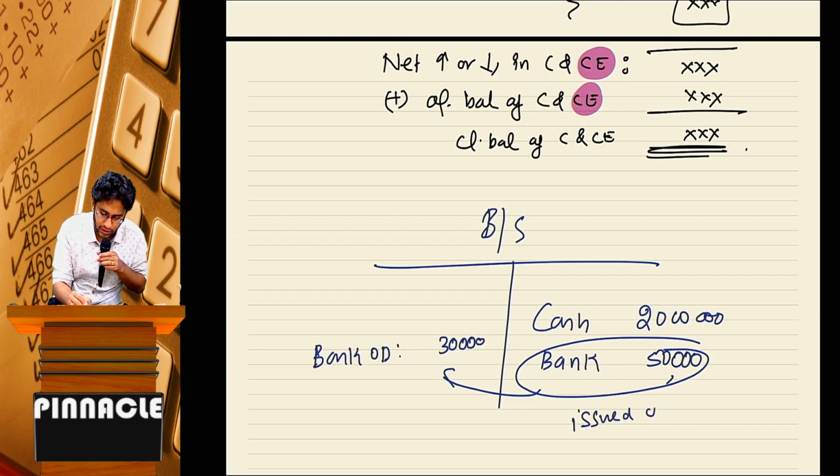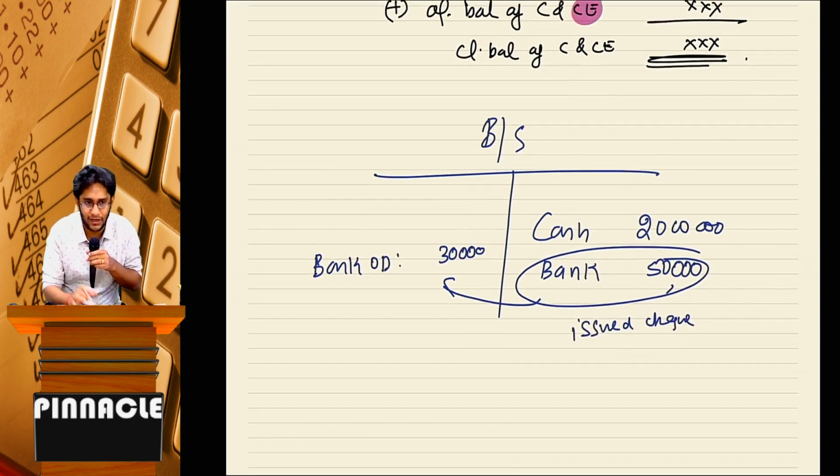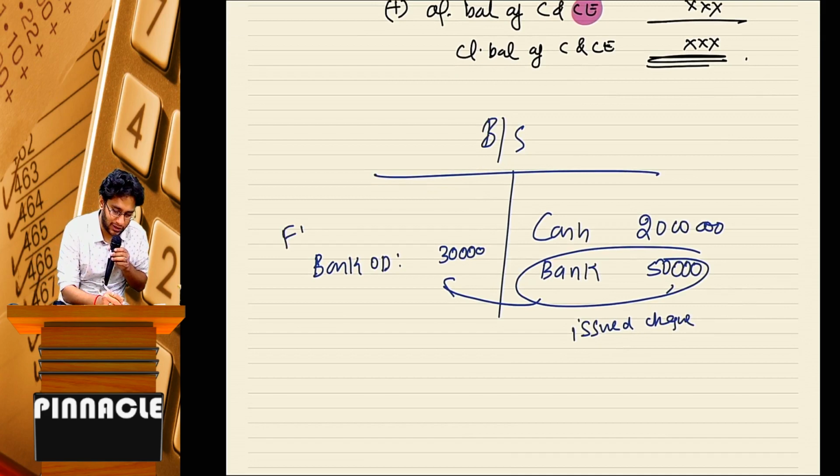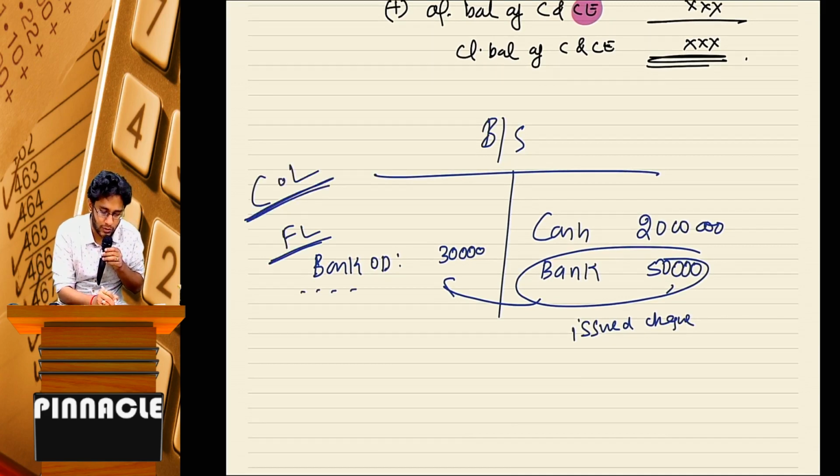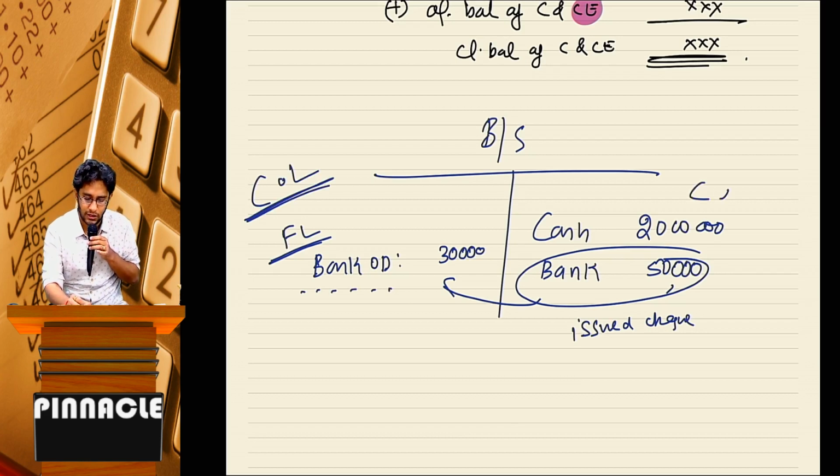When you prepare final balance sheet, you are not supposed to net off. Cash overdraft, it is a financial liability. Under current liabilities, borrowings you will show. And cash and cash equivalents will come as 20 lakhs.